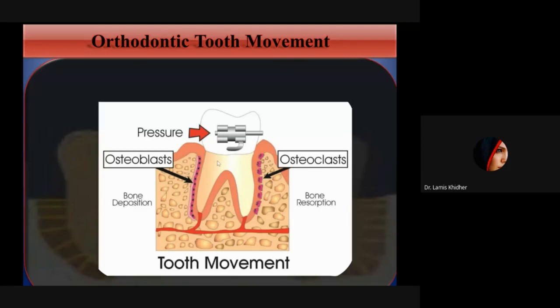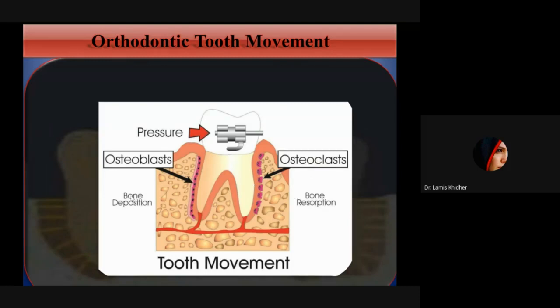On the other side, toward which the force is directed, there will be activation of the osteoclast cell, and it will induce bone resorption in the pressure side. So this is the tension side with bone formation, and this is the pressure or compressed side that induces bone resorption by osteoclasia.